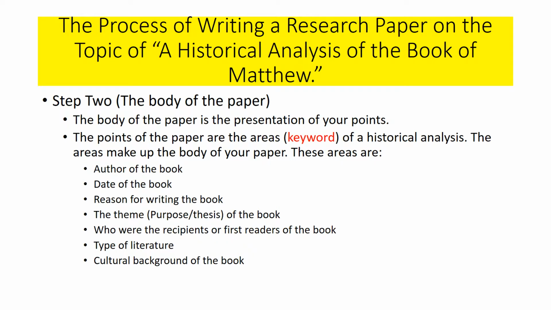These are the things you'll want to document in your paper where they disagree. And in the conclusion of your paper, you can come down on where you probably stand on that issue, but in the body of the paper, you're going to be documenting the differences that your sources have. So these are the areas that are in the body of your paper.